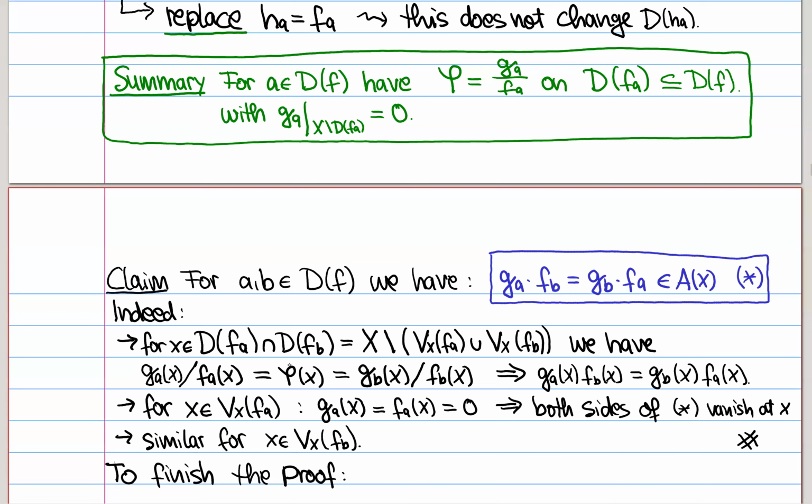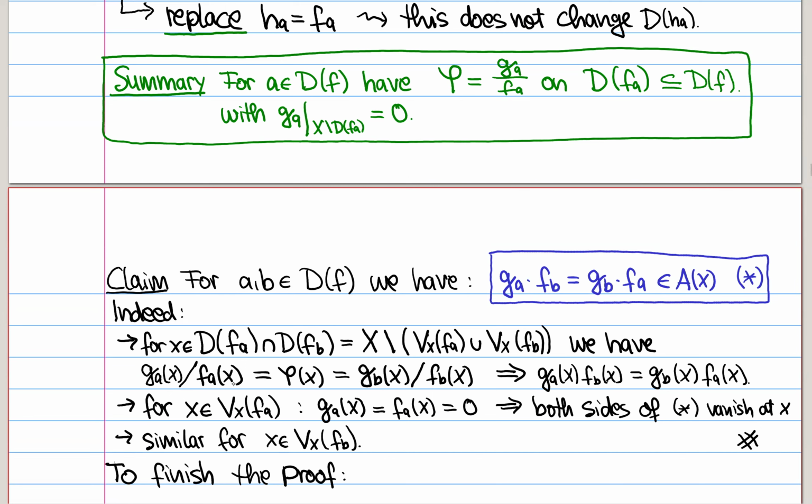Okay, and this one here is in a certain sense the most obvious or the easiest one, namely if X is in DFA intersected DFB, well, this is exactly the locus where phi of X is given by both these representations. So phi of X on the one hand is given by GA divided by FA, on the other hand given by GB divided by FB.